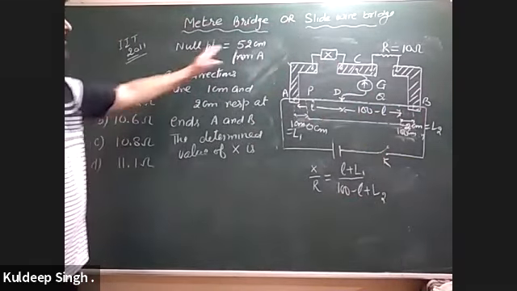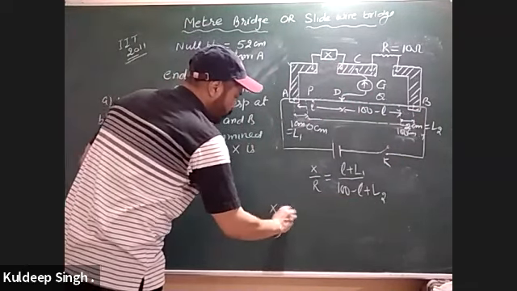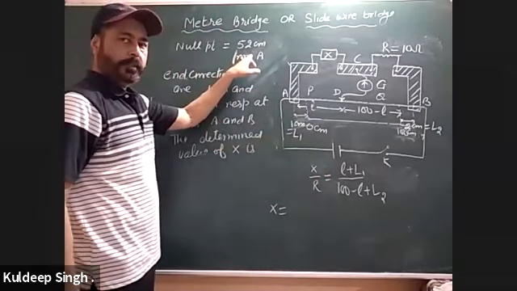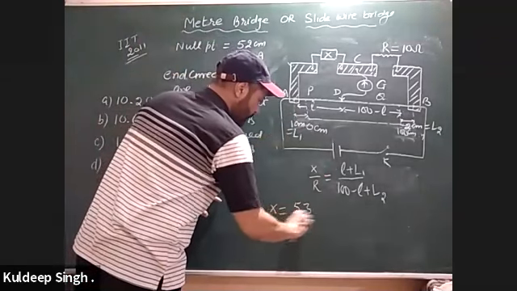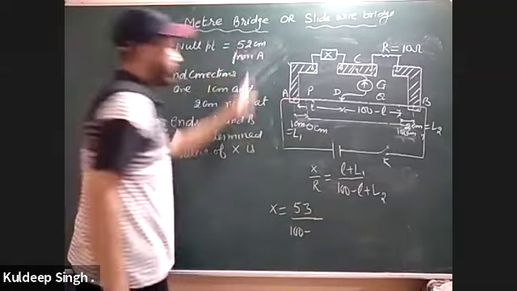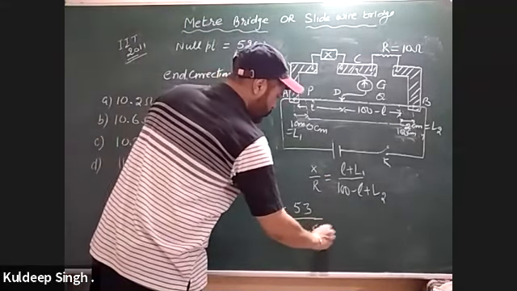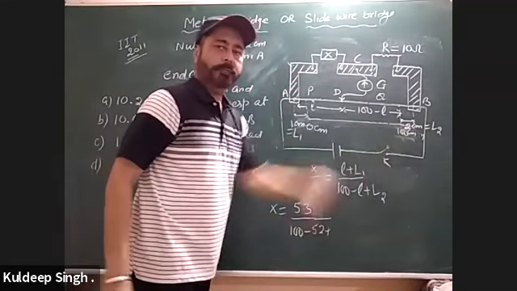Okay, now put everything in. You will have X equal to 52 given in the numerical, plus 1, which is 53, divided by 100 minus 52, plus 2 centimeter. L2 is 2 centimeter, given.